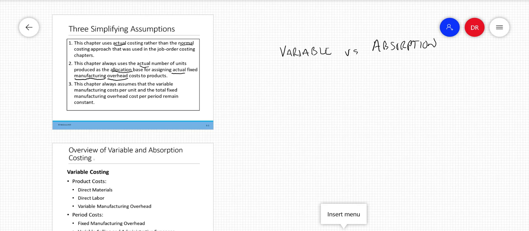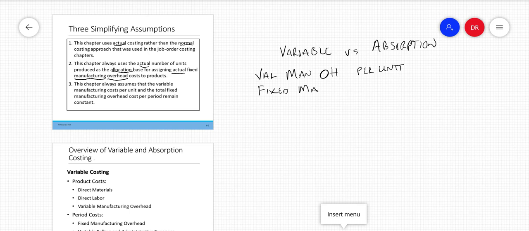So whatever we do, one of the key components in this is going to be we're going to separate out variable manufacturing overhead, and that's going to be very straightforward because it'll be on a per unit basis. But then we're going to have a fixed manufacturing overhead.